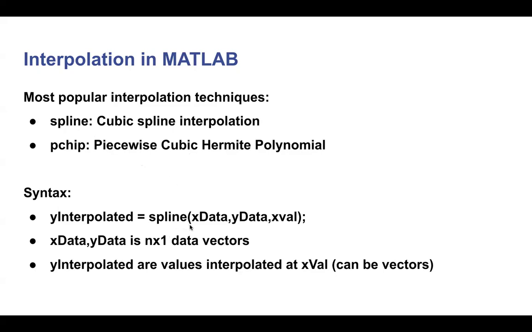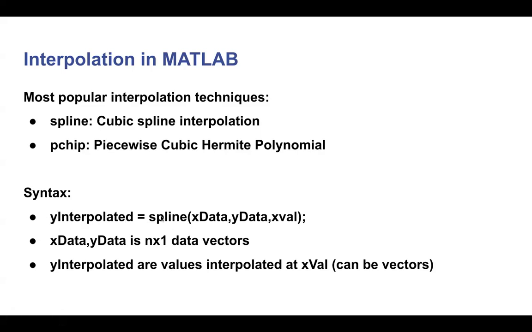For example, you are given the X data and Y data. The user is asking you to find the interpolated value for this X value. So X value will be a vector of values, and I need to find the interpolated Y values for that. This is the syntax. This is the output, the Y values for the corresponding X values. I'm calling that Y interpolated, but I can use any other variable name.